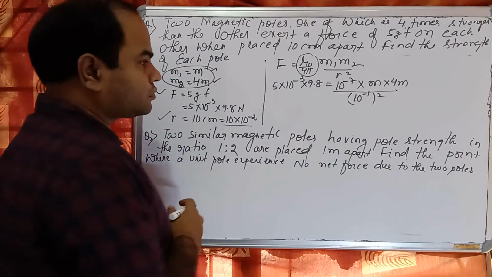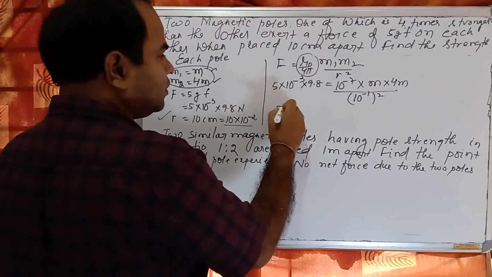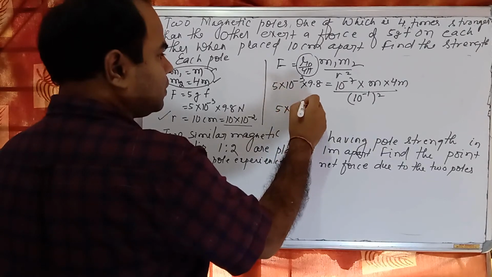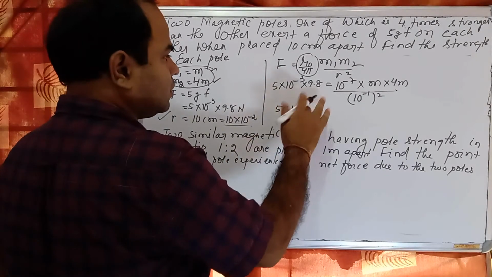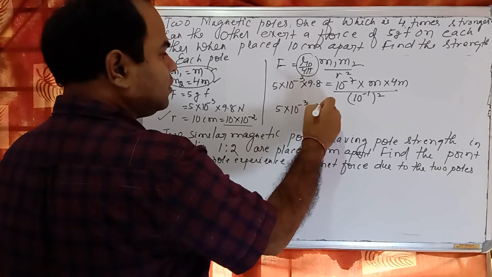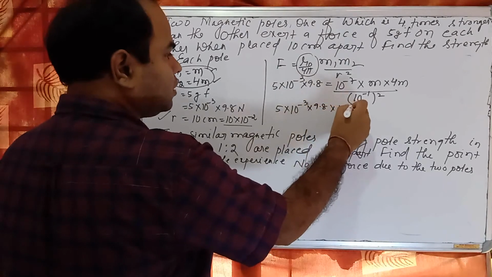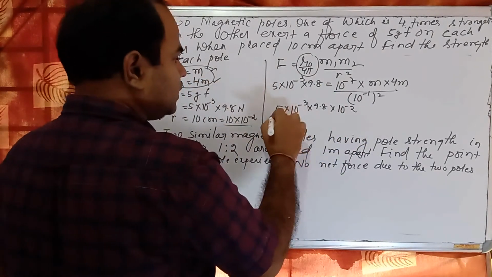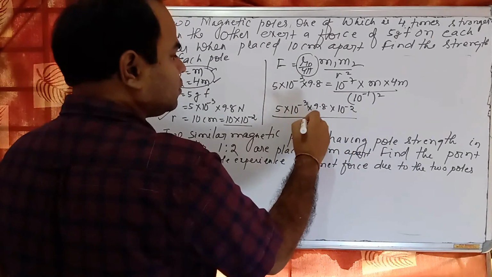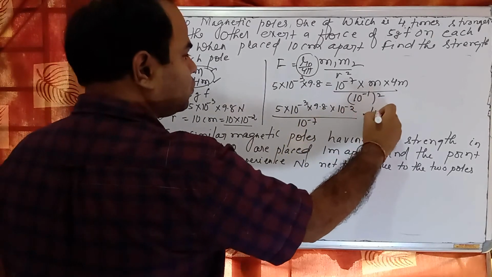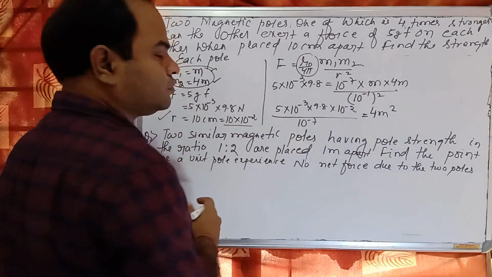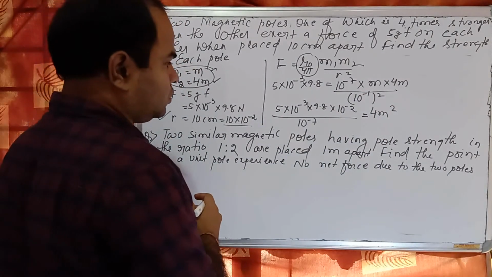So this is 5 into 10 to the power minus 3 into 9.8 into 10 to the power minus 2 divided by 10 to the power minus 7 is equal to 4m square.